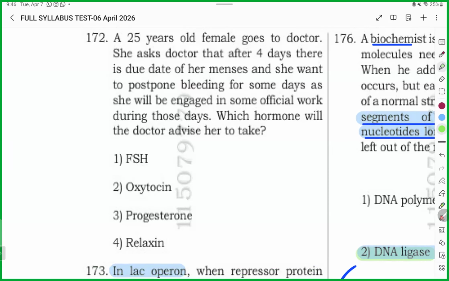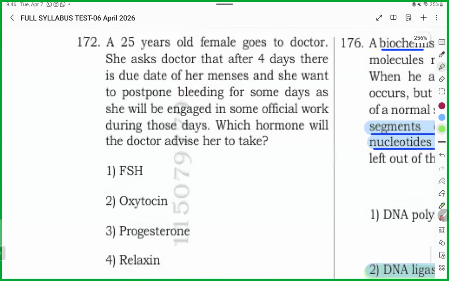Once fertilization happens, pregnancy will continue, so these are not contraceptive. This female goes to the doctor. She says that after 4 days there is menses and she wants to postpone the bleeding because there is some work. Which hormone will the doctor advise to take? Of course, progesterone. Why?